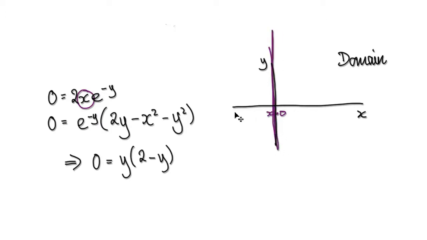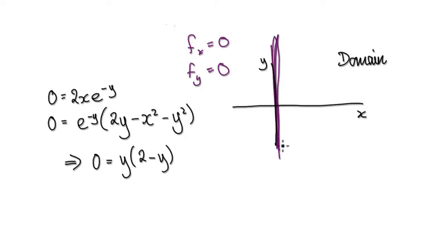In order for you to satisfy f_x equals 0, you must lie somewhere on this vertical line, because anything that lies on this vertical line will imply that this equals 0. Okay, so we know it must lie on this line.